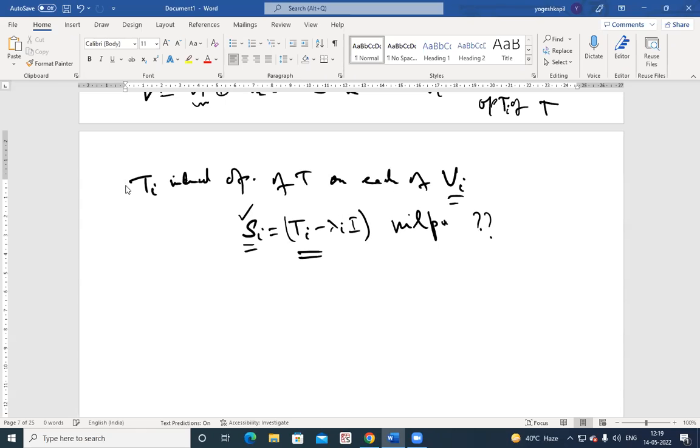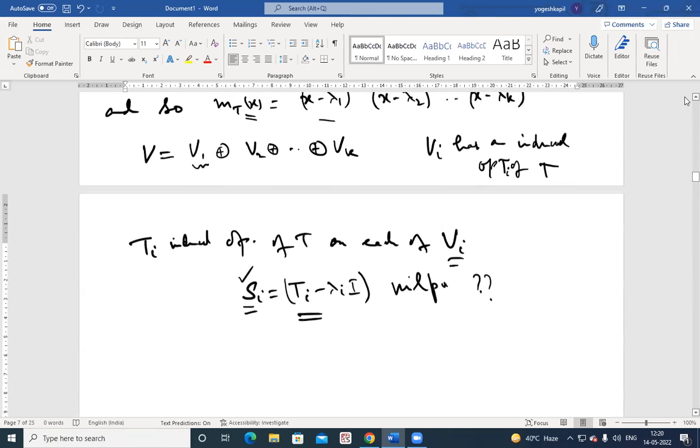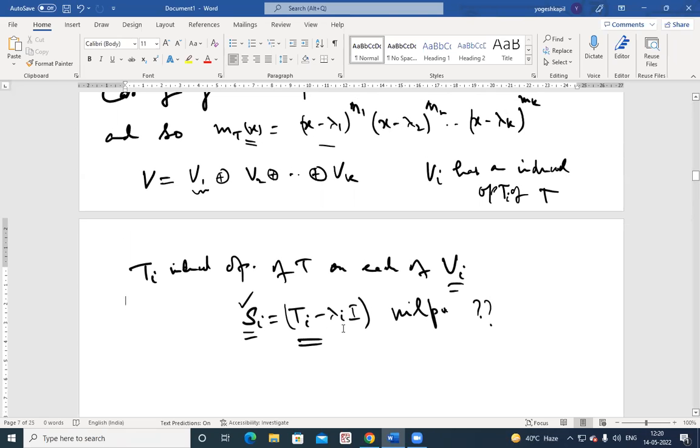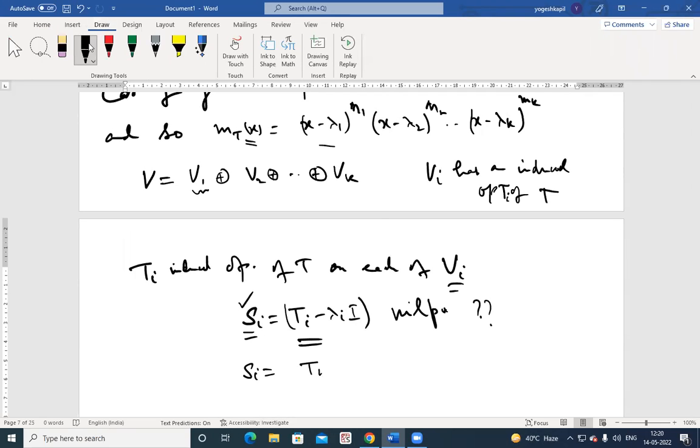Why? Because the minimal polynomial of this Ti is x minus lambda i raised to the power mi. Therefore, Si is a nilpotent operator.